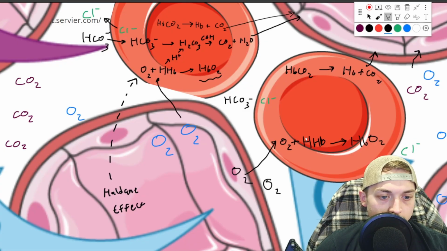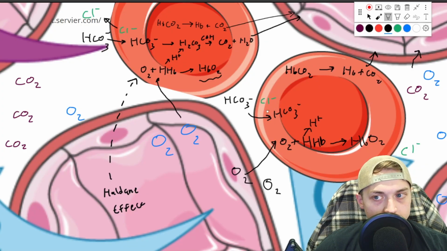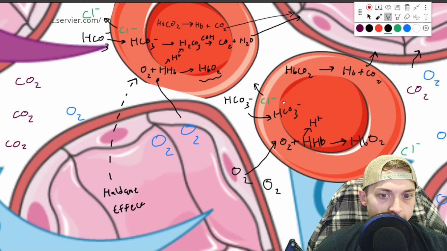Okay, now this hydrogen ion out here, it's like, hey man, I need a job. H plus, and then our bicarb ion is going to come into the cell again, HCO3 minus, and then because our cells like to be charge balanced, this chloride ion is going to leave. It's like, see you later.